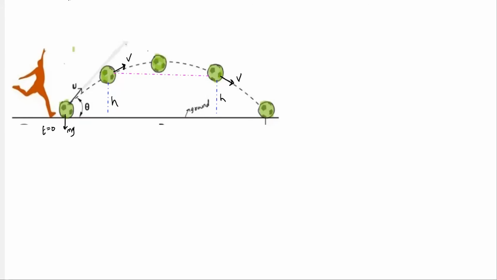At t equals 0, I'll kick the ball. Let's have this weight mg. It'll be easy for you. At two different instants of time, the projectile will be at the same height.